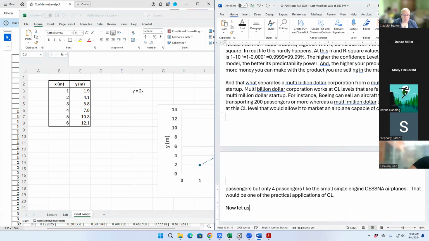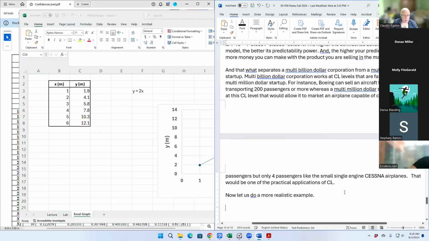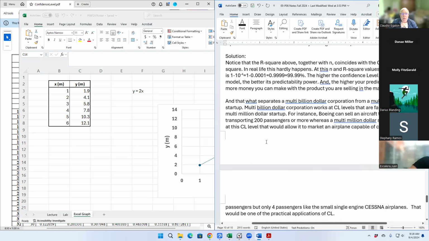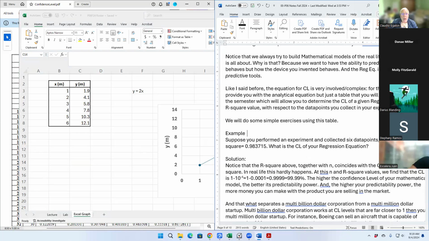Now, let us do a more realistic example.